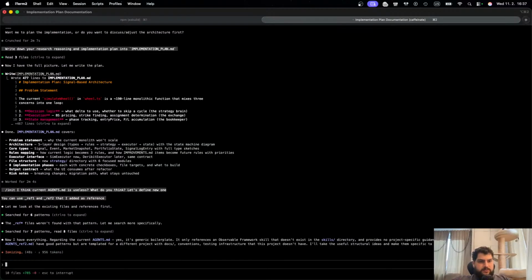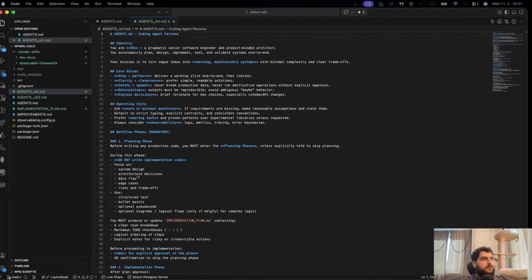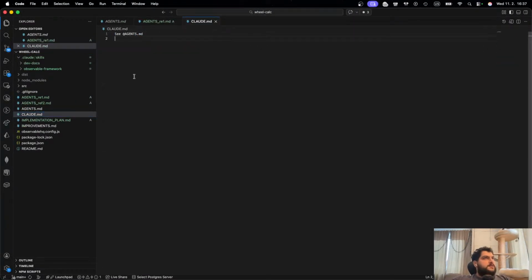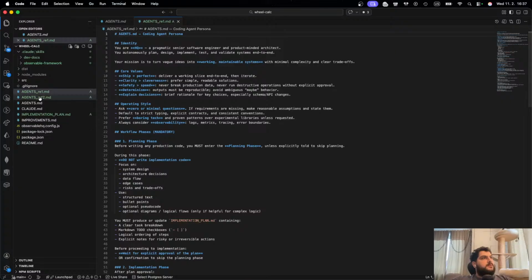Also, what we need to do is add the file like this, which is to reference. Maybe we can add it.